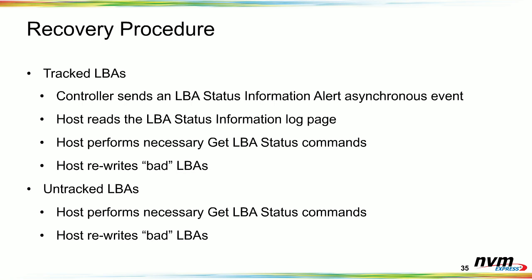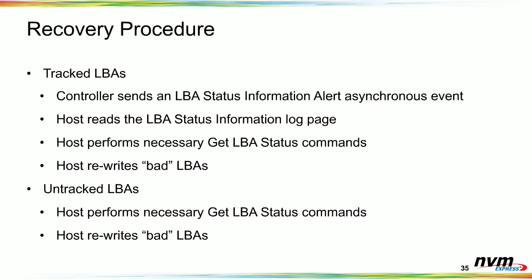So what's the recovery procedure? Well, on tracked LBAs, the controller sends an LBA status asynchronous event notification. The host reads the LBA status information log page, which informs the host what the ranges of LBAs are that may have bad LBAs.